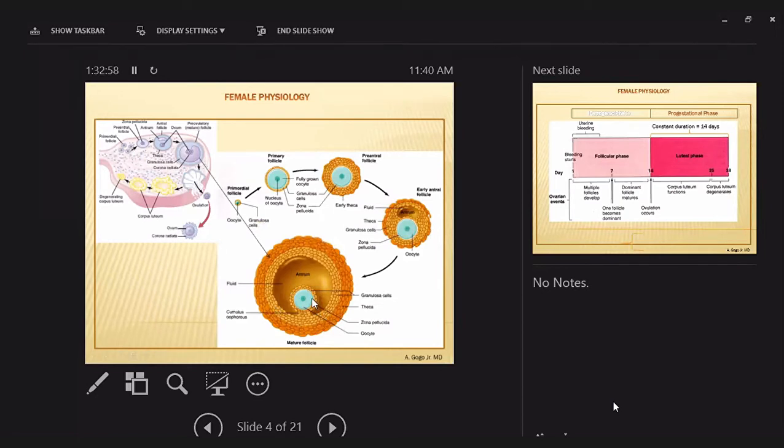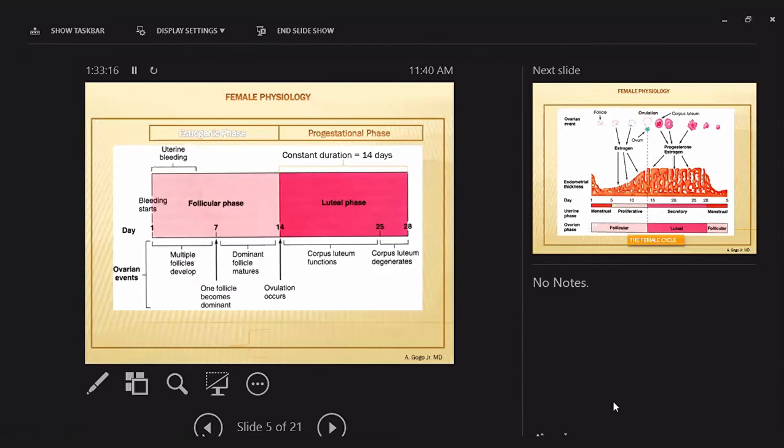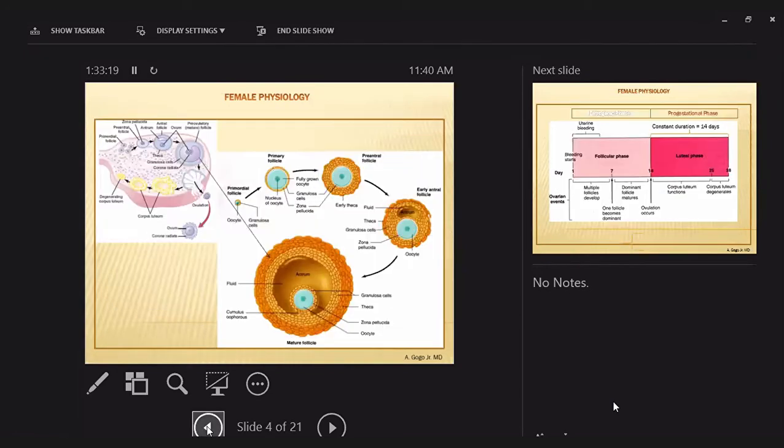There is a zona pellucida, the single layer of cells surrounding the ovum. Then the granulosa cells. Okay, and so your oocyte is inside. So this is already your mature follicle.